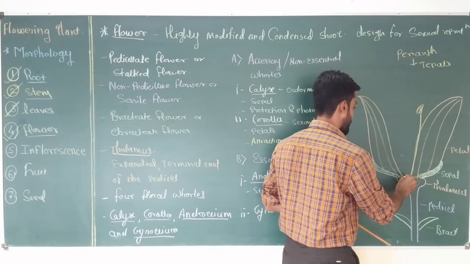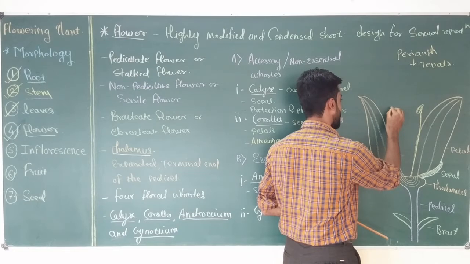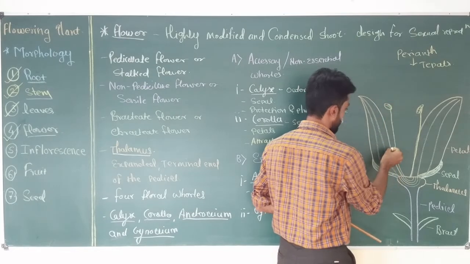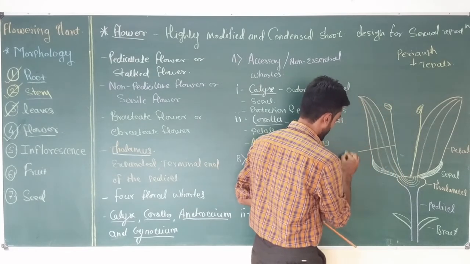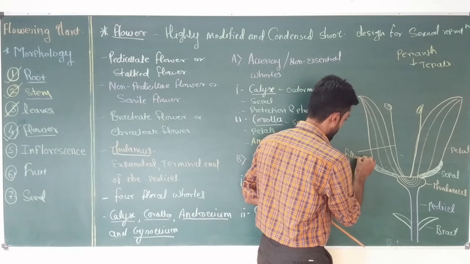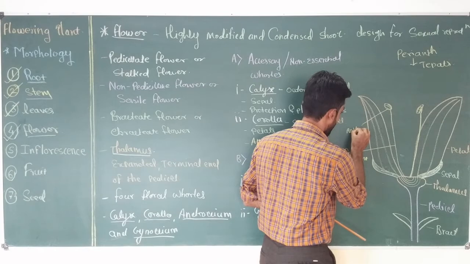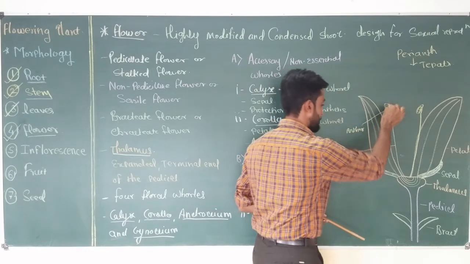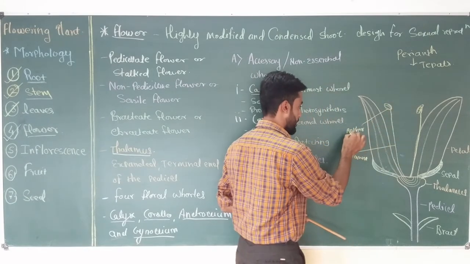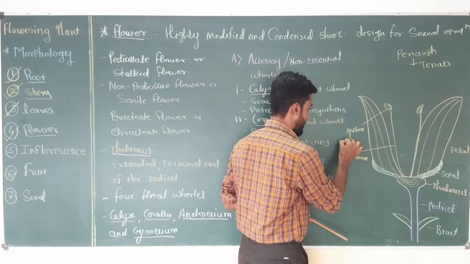A long hair-like filament, and the anther. This anther and filament together make the stamen.